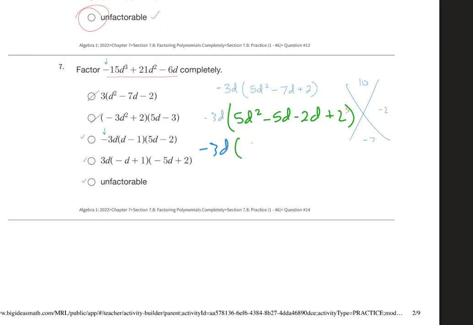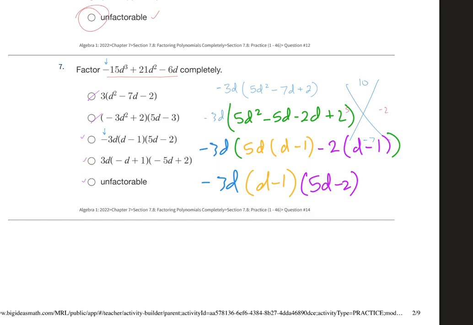This is going to be 5d times d minus 1, minus 2, which is going to be d minus 1. All right, so negative 3d still out front, d minus 1, 5d minus 2. Okie dokie.